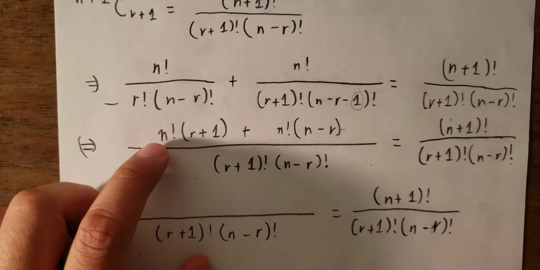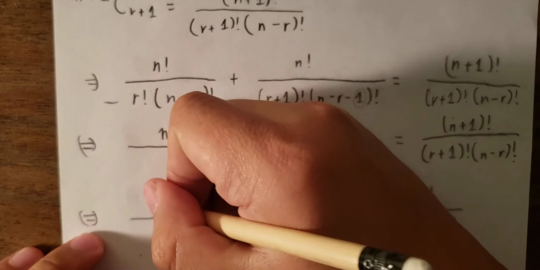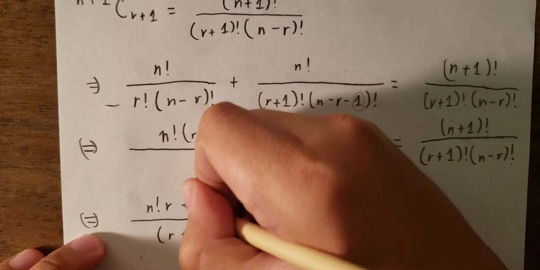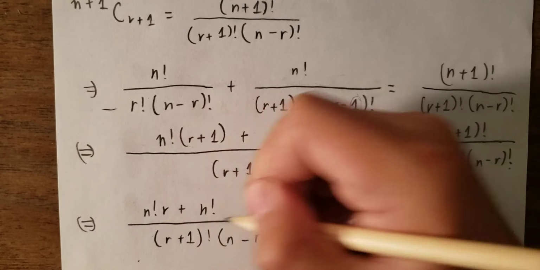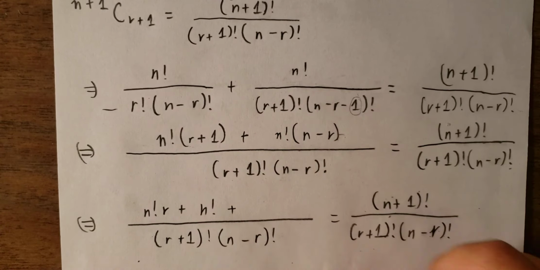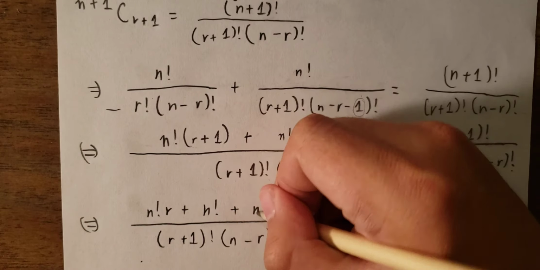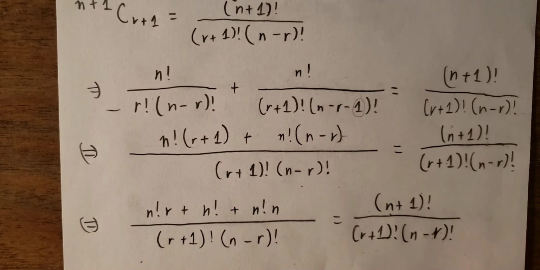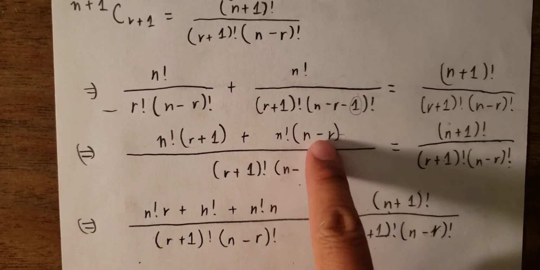So we have n factorial multiplied by r and n factorial multiplied by 1. We have n factorial multiplied by n here, and n factorial multiplied by r here. And we have the minus.